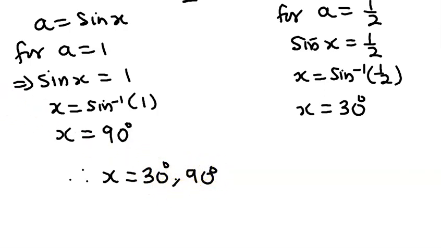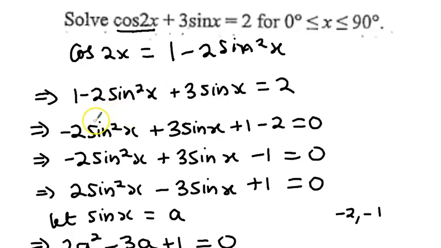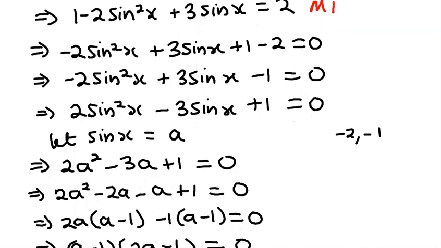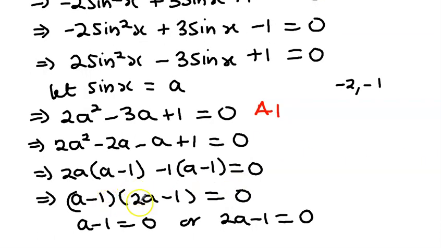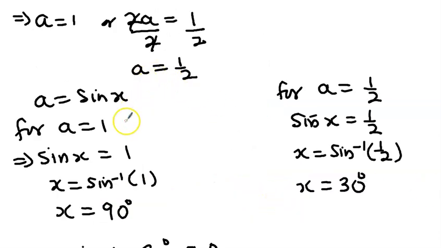Now let's see how the scoring was done. So if we are able to make this substitution, then we have M1. And then after the substitution for the quadratic equation, you get A1. And solving the quadratic equation, you get M1. And getting the value for a, that will be a is equal to 1 or half, that is A1, and minus half each error.